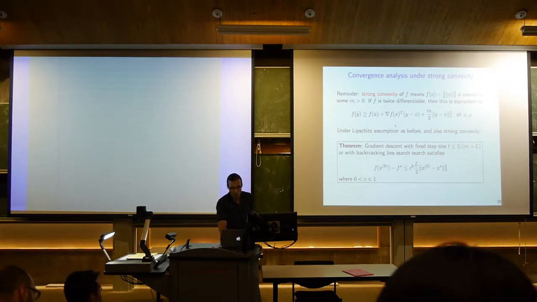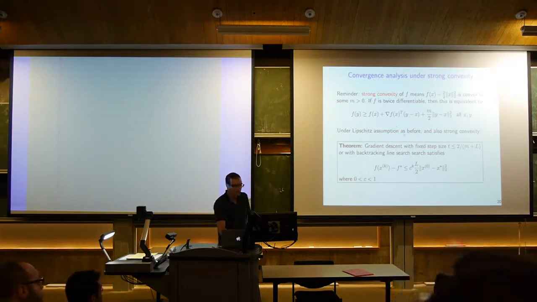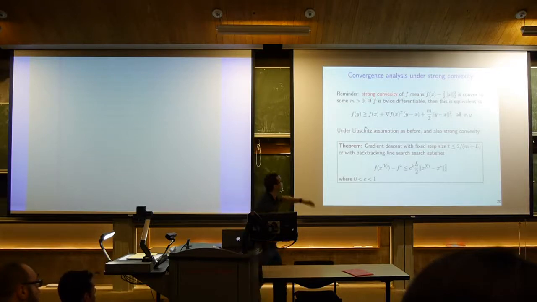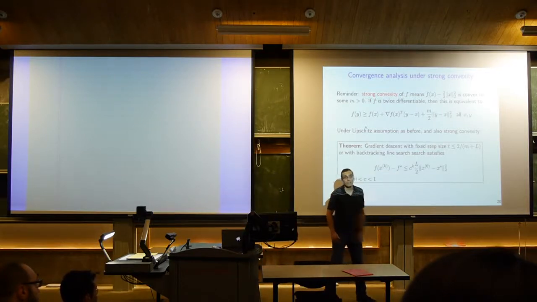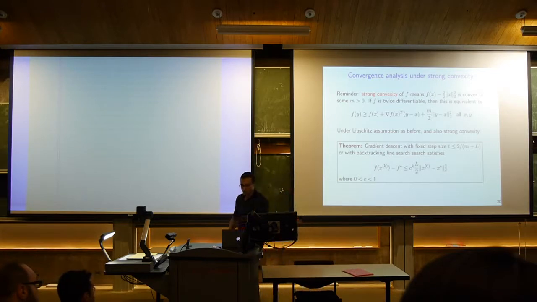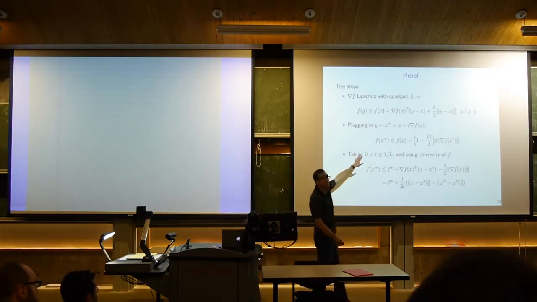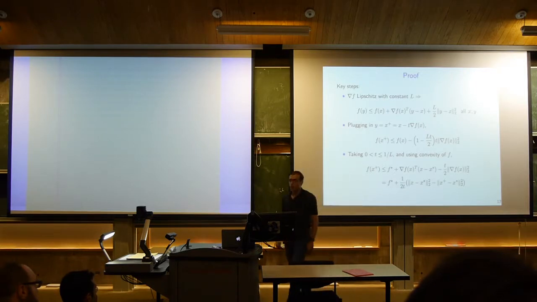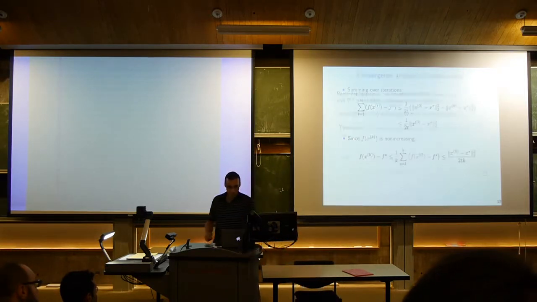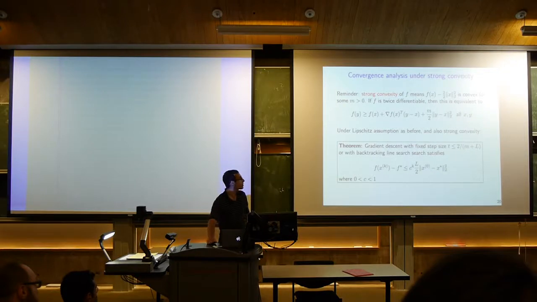There are many equivalent ways of thinking about this, but one that's particularly helpful with respect to the Lipschitz condition is that it implies our function is lower bounded by a quadratic everywhere. The Lipschitz assumption, remember, implied that our function was upper bounded by a quadratic everywhere. That was the first step of the proof we used. This is the other side: our function is also lower bounded by a quadratic everywhere.